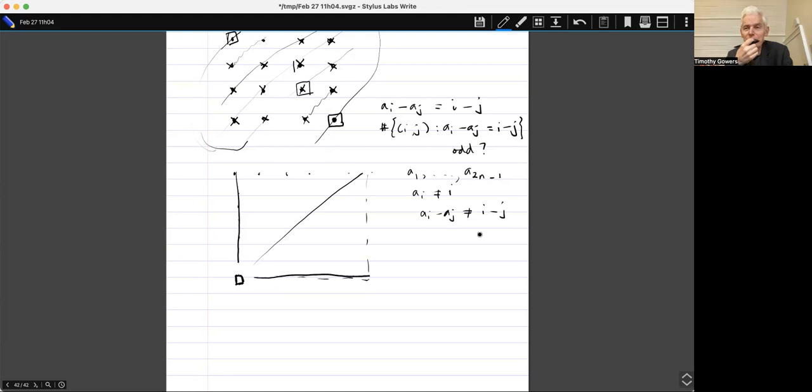I feel as though it might be rather easy to find a counterexample, actually. So if we just chose, let's say, 6 or something, supposing we went 0, 1, 2, then we've got that 1 minus 0 equals 1 minus 0, 2 minus 1 equals 2 minus 1, and 2 minus 0 equals 2 minus 0.